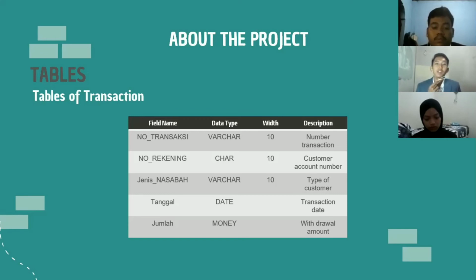Data type is varchar with 10. Description: the type of customer. For tanggal, the data type is date. Description: the transaction date. And last is jumlah. Jumlah data type is money. Description: the total balance taken by the customer when making a transaction. Next.